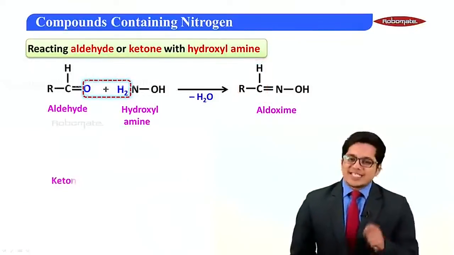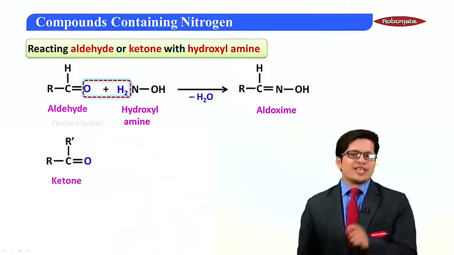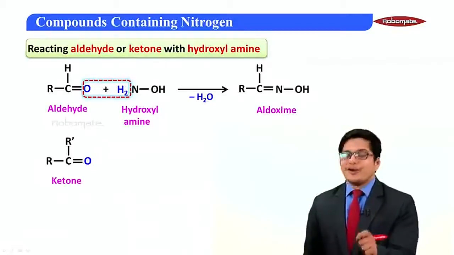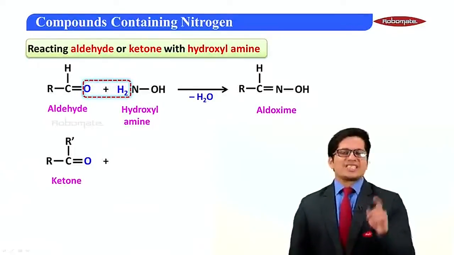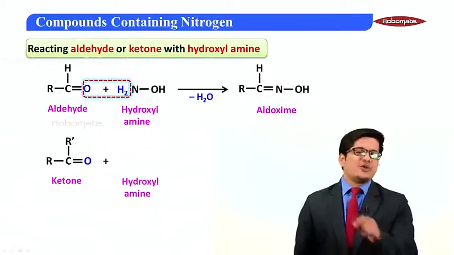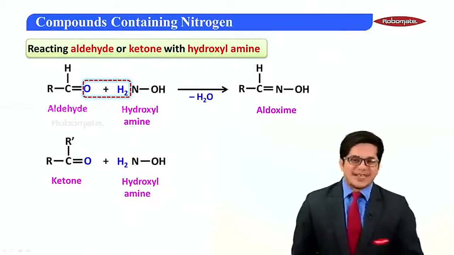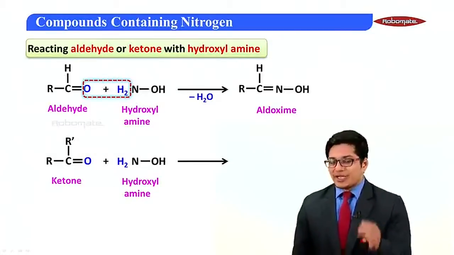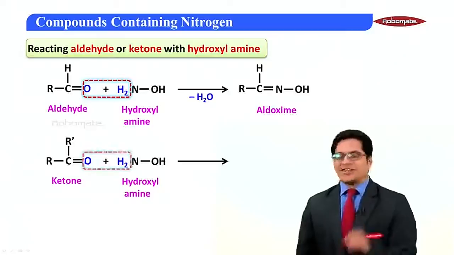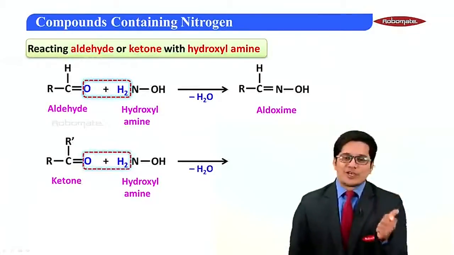Similarly, let's try and take a ketone molecule, that is RC double bond O R dash. Again, we are treating it with the same molecule, that is NH2OH, hydroxylamine. What would happen? Once again, double bond O, that is oxygen and hydrogen, would combine, giving us a water molecule.